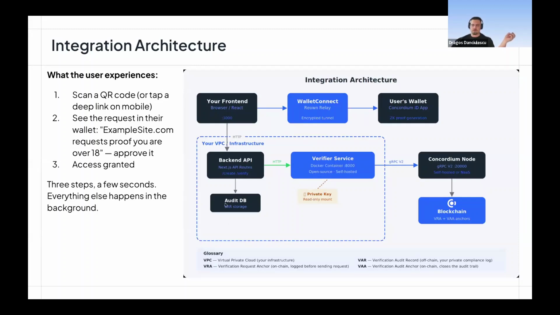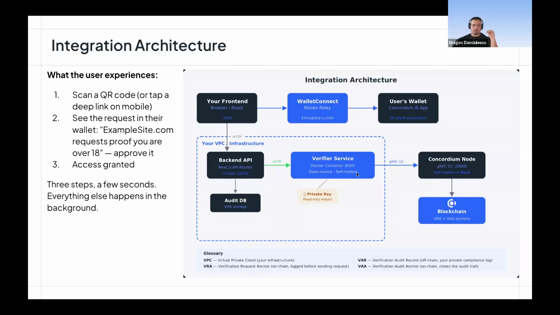You will have a database for audits because one of the anchors, the verification audit record, this one will actually have to be stored off-chain. So this is a private compliance log that you can store and then show anyone at any point. Then your API will make a call to the verifier service.